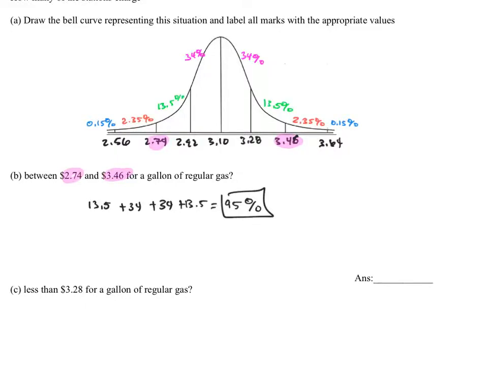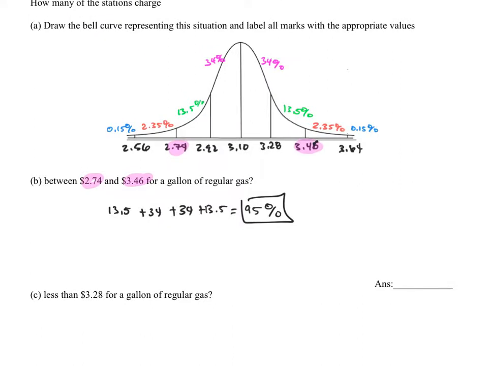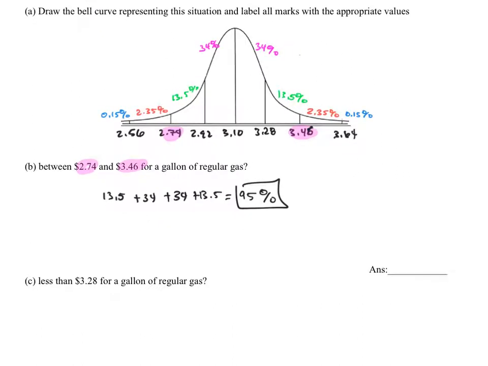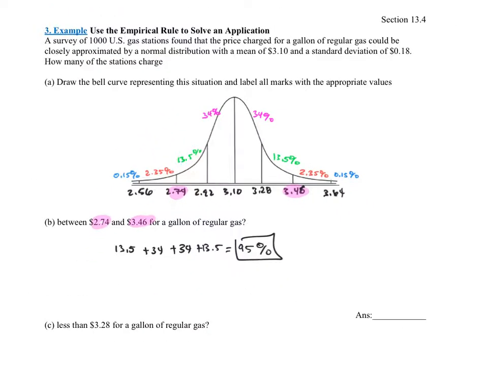And I'm going to reread the question. How many stations charge between this? But this is 95%. Now, I don't know if they wanted a percentage here or a quantity. So the answer is 95% of the gas stations, but what if they wanted the quantity? Well, you would have to do 95%, which is 0.95 times 1,000.